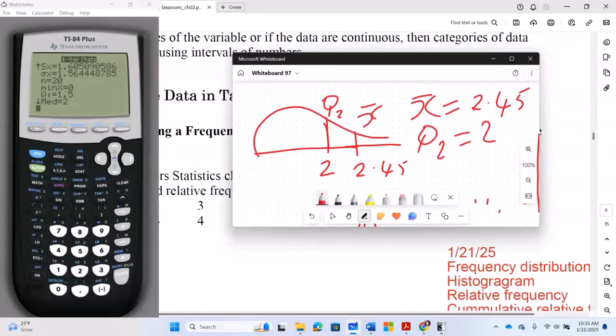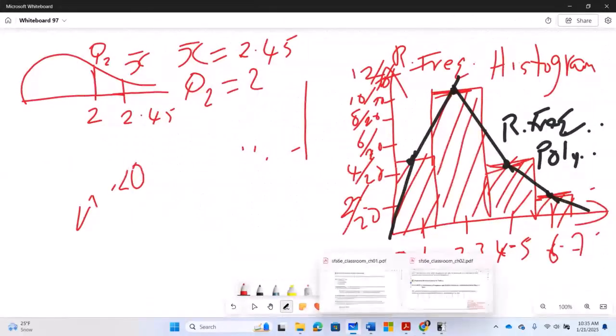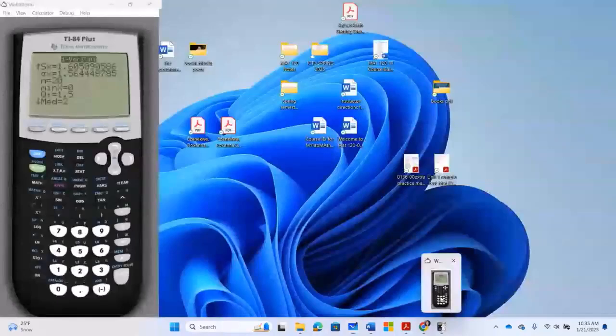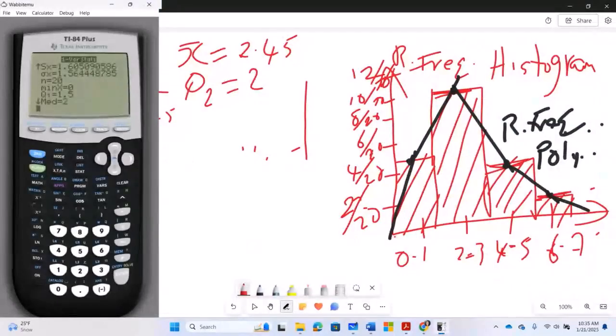I could also be told to find the interquartile range. Remember the other day we talked about it. The interquartile range is Q3 minus Q1. So let's find the interquartile range, IQR. Looking at my calculator, Q3 is 3, Q1 is 1.5, and 3 minus 1.5 is 1.5.